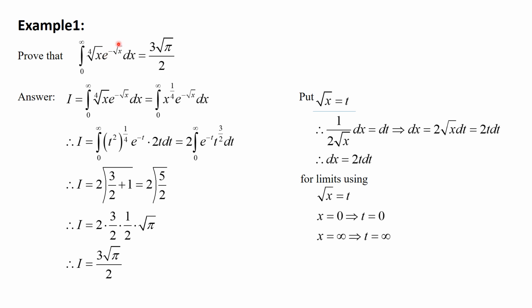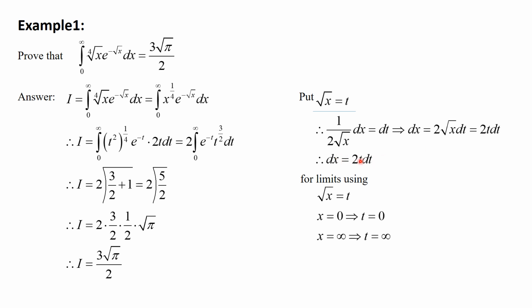So it is not in our standard form, hence we use the substitution root x is equal to t. Once we convert root x is equal to t, the function turns to e raised to minus t, and definitely a change will occur for variable x in terms of t. So if we substitute root x is equal to t for converting to standard form of integral, 1 upon 2 root x dx is equal to dt, that implies dx is equal to 2 root x dt, that is equal to 2t dt.